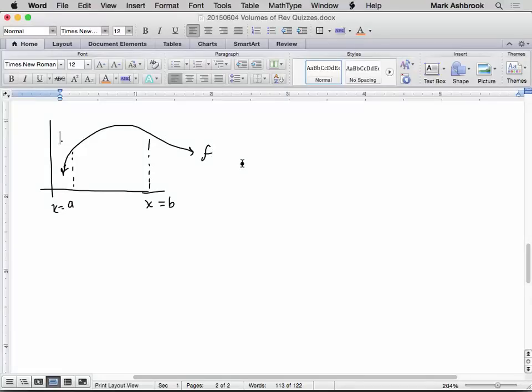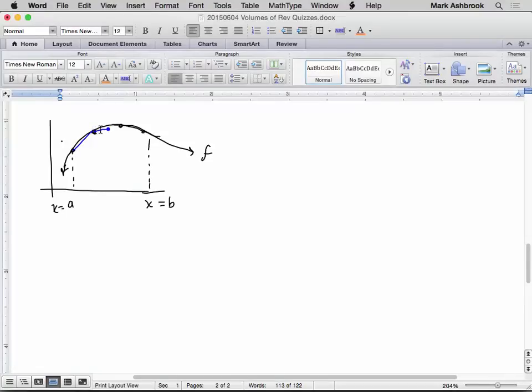And this could be any function f. Like we said, we're going to break this thing up into segments. I'll draw in a different color so you can see it.